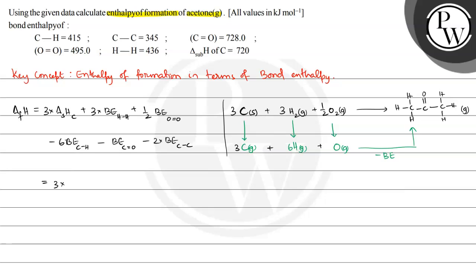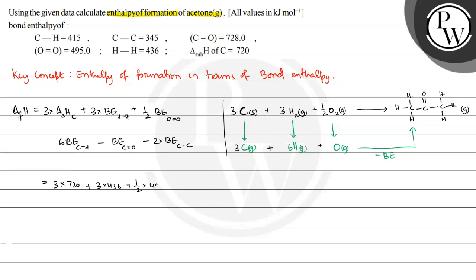3 multiplied by 720 plus 3 multiplied by bond enthalpy of hydrogen, that is 436, plus half multiplied by bond enthalpy of oxygen, that is 495.